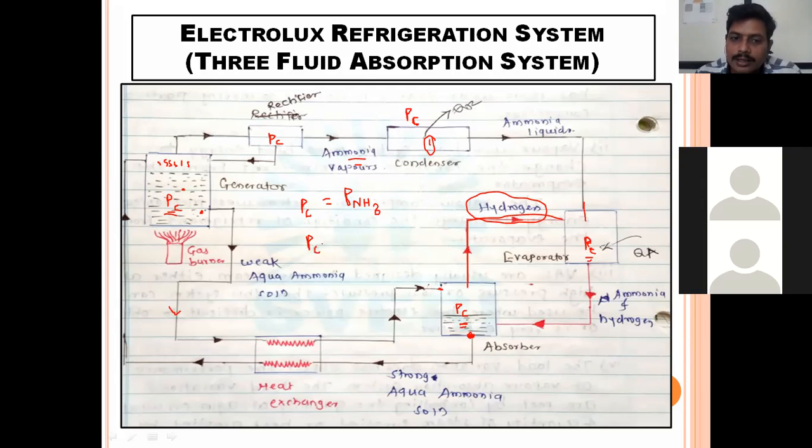But according to Dalton's law of partial pressure, as inside the evaporator whatever total pressure is there is mainly because of ammonia and hydrogen, this total pressure is nothing but the addition of partial pressure of ammonia plus partial pressure of hydrogen.